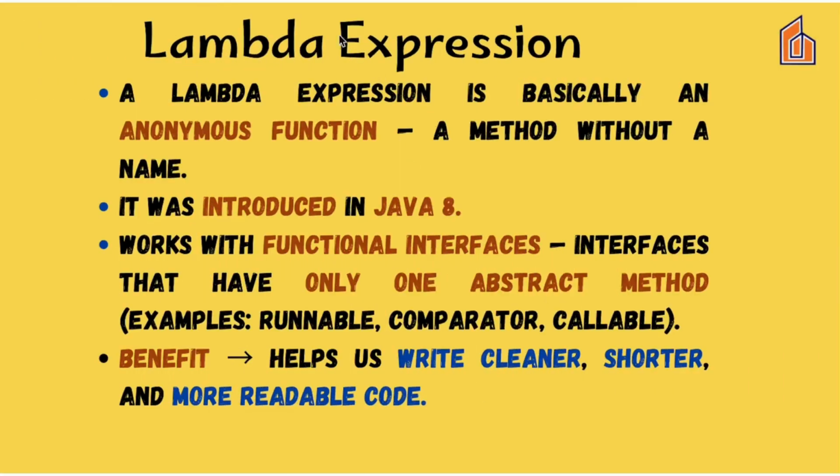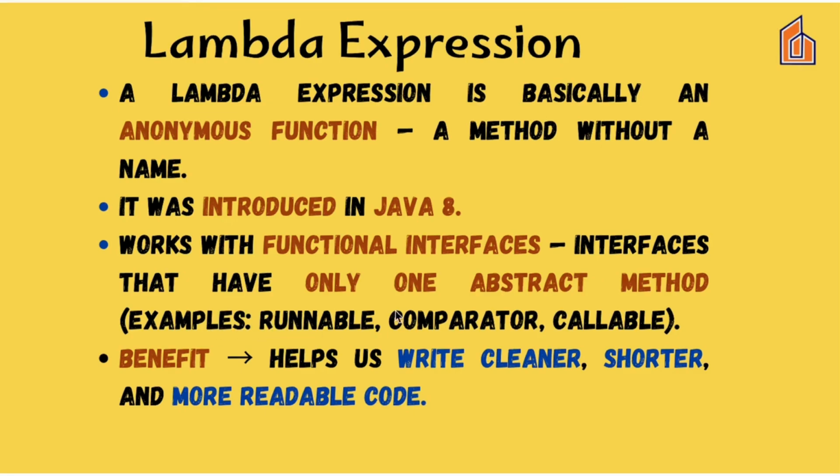Now, what is a lambda expression? A lambda expression is basically an anonymous function, a method without a name. It was introduced in Java 8 and it works with functional interfaces. Now, what is a functional interface? Interfaces that have only one abstract method.